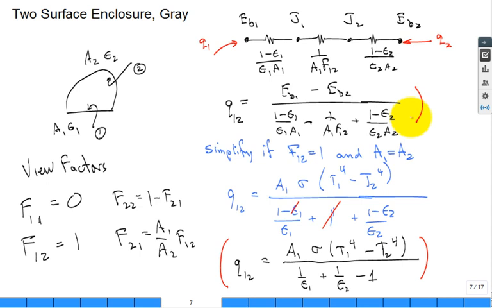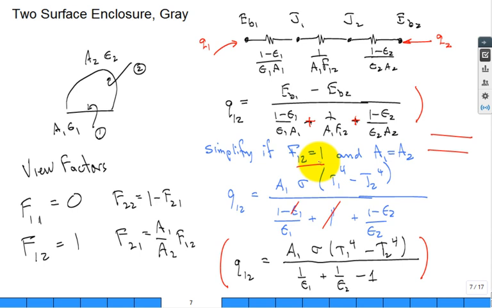Here is our sum of 3 resistors in series, geometrical surface, geometrical surface. If the view factor 1 to 2 is 1 and A1 is equal to A2, then you would have like 2 parallel plates in that configuration, right? Not this. This is not where the view factors are 1. Okay.